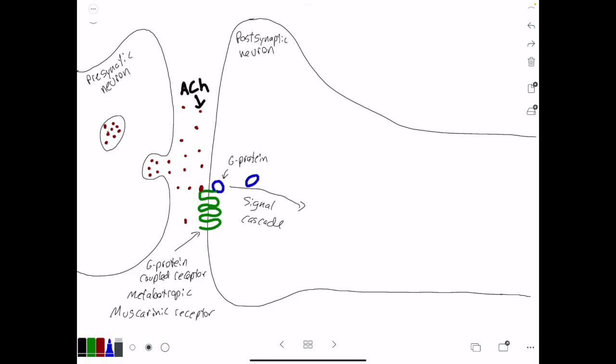So we'll just talk about the more salient parts within this signal cascade. In this specific example, I want to highlight the ability for a neurotransmitter to modulate neuroexcitability. This signaling makes its way all the way near the nucleus, in fact.